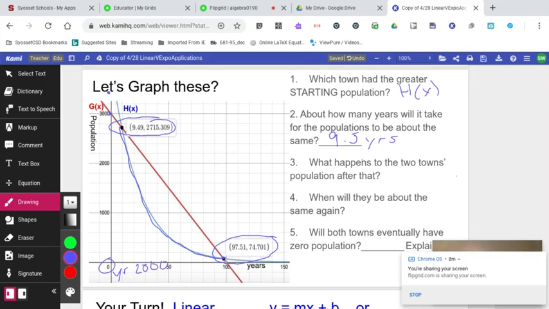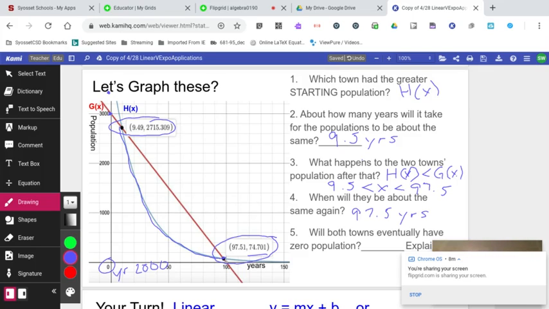So after that, Haskins is less than Gainesville, but only between, in the domain, 9.5 is less than x is less than the second point of intersection, which occurs at 97.5 years. So again, they will be the same amount at 97.5 years. They'll have about 75 people approximately.